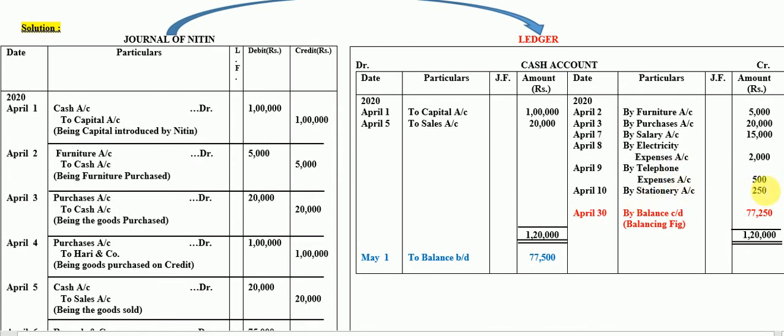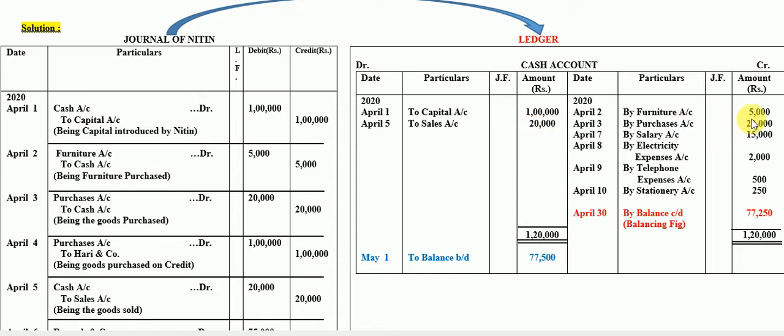And now we'll add both the sides, that means the total debit side amount and the total credit side amount, and we'll find the sum of total debit and total credit. If we sum the total debit side amount, that will be 1,20,000. Okay, 1 lakh plus 20,000, that will be 1,20,000.